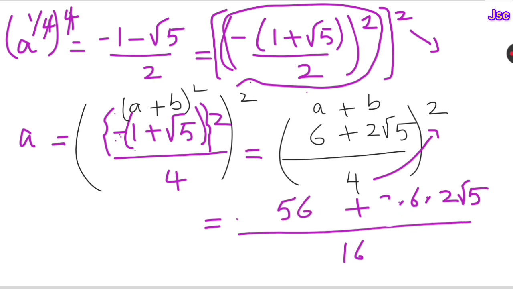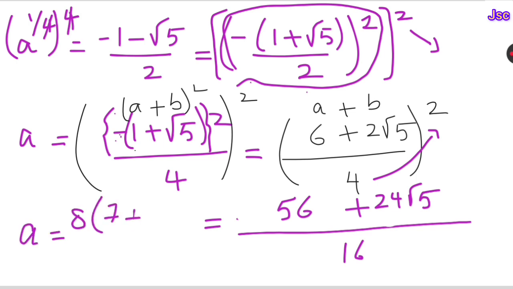And here 2 times 6 times 2 gives 24, 24 root 5. If you take 8 as common here, then you are left with (7 plus 3 root 5) over 2 times 8. Here 8 and 8 get cancelled. So you are left with only (7 plus 3 root 5) over 2.